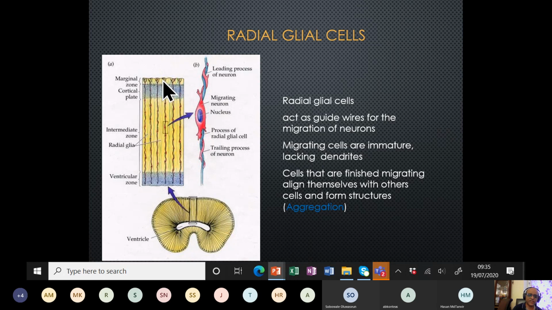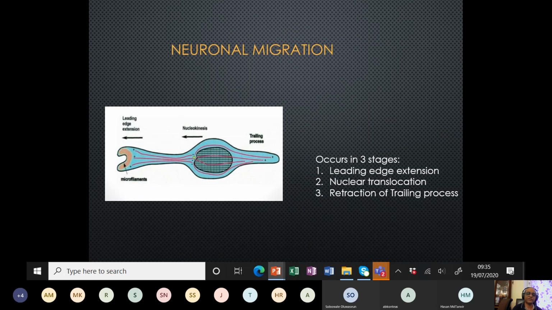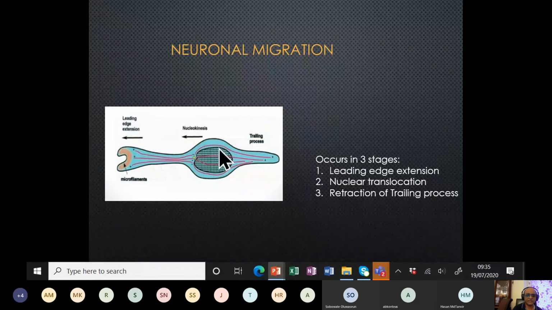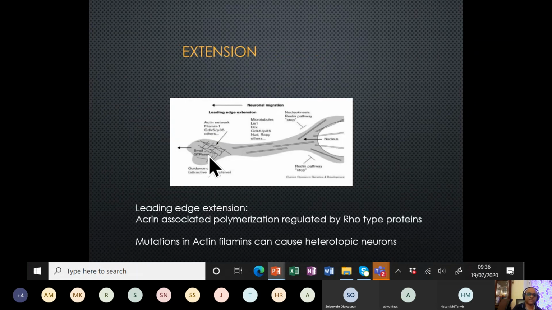And once they reach there, they have to realign themselves and group themselves so that they can perform that specific function. And this is the process of migration really. This is a single neuron. There are two ends to the neuron: you've got the leading edge and there is a trailing edge. Inside the neuron is a nucleus, and there is an armamentarium of various fibers and tubules which will help the migration of this neuronal structure.